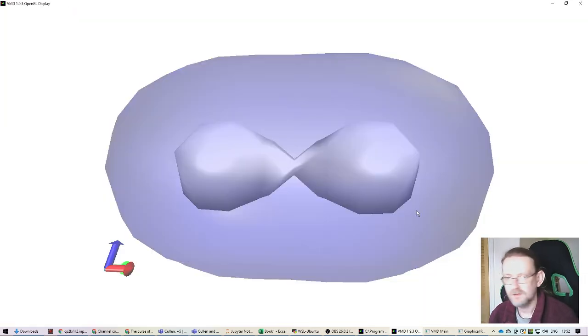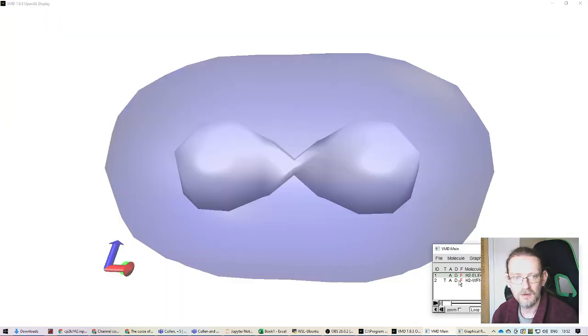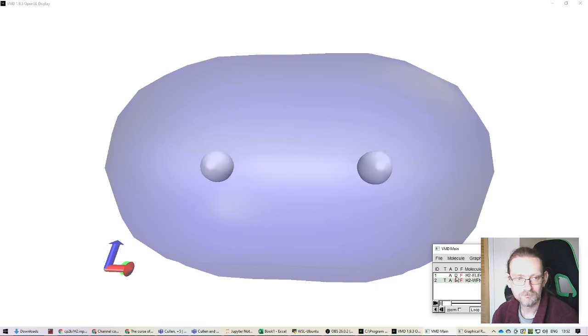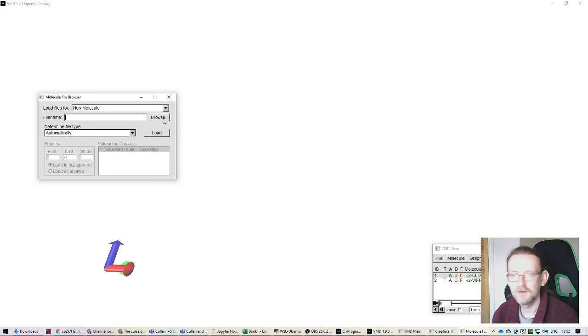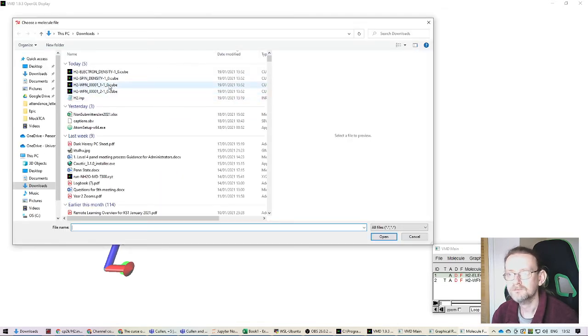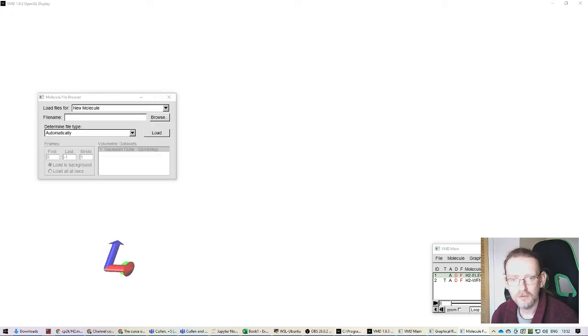But this is the ground state of the electrons. It's symmetric. It's the two wave functions in phase. But if I load in instead of this one, what did I do wrong there?